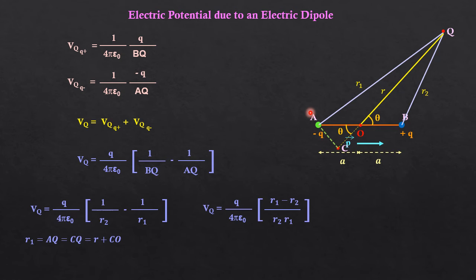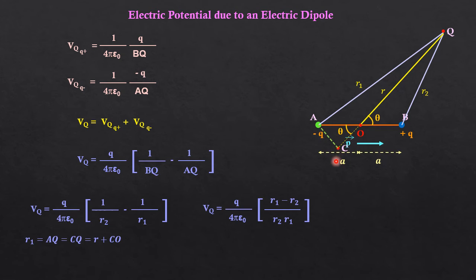Now let's consider the triangle ACO. It is a right angle triangle and CO is the adjacent side and AO is the hypotenuse. What is AO? For the dipole it is nothing but A. Therefore you can write the adjacent side CO is equal to hypotenuse into cos theta, or simply AO into cos theta.